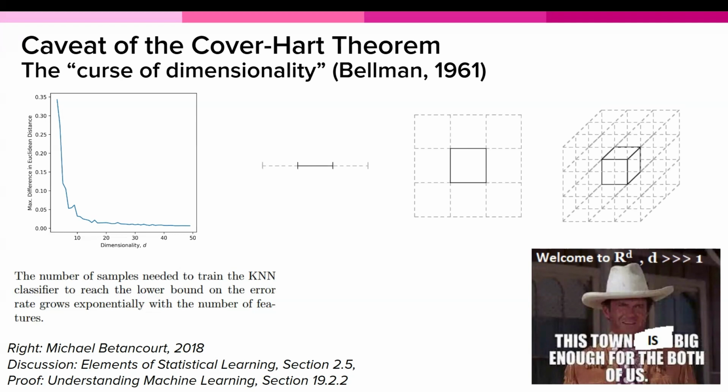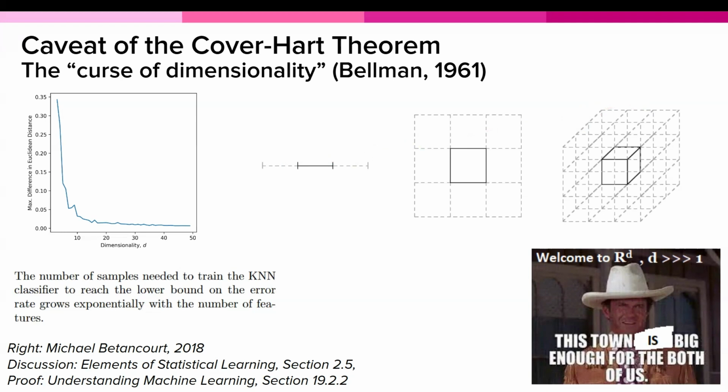Here, points in the data become increasingly far apart as the volume surrounding each point expands rapidly, for example, as shown in this progression from a one-dimensional cube to a two-dimensional cube to a three-dimensional cube. In sparse data, most of the volume is far from any data point, and so this makes it challenging to find meaningful neighbors that are actually close in a way that's practical.